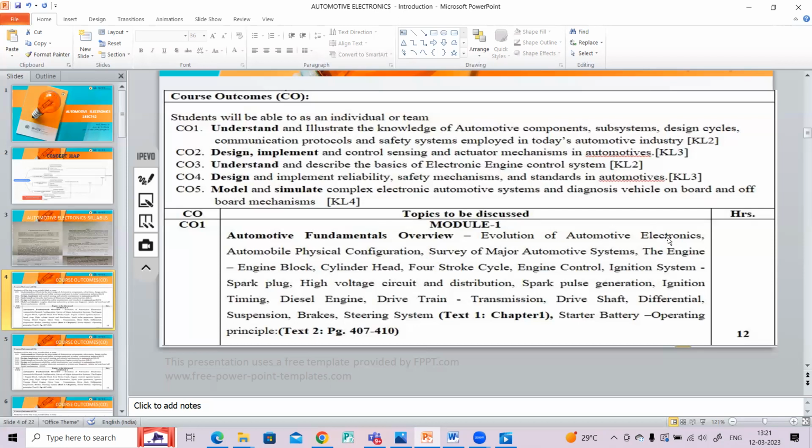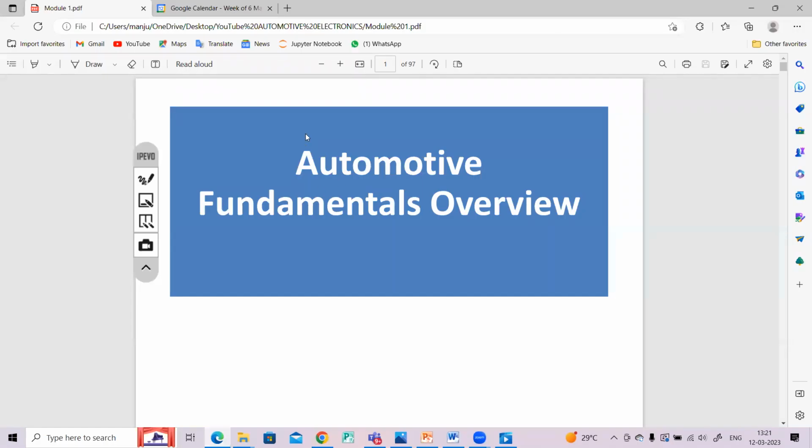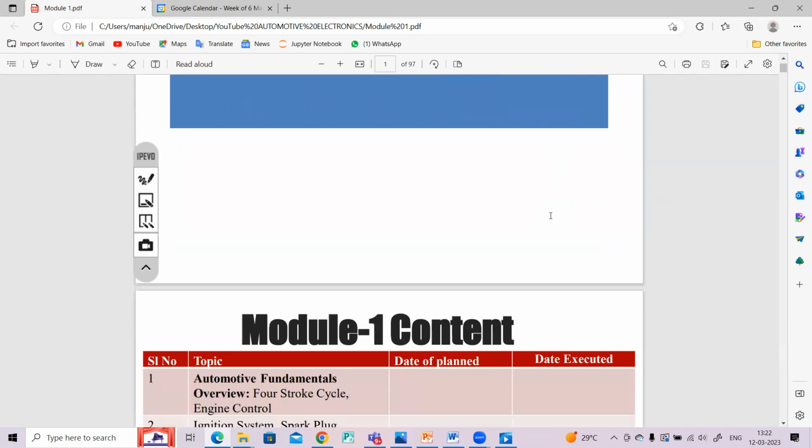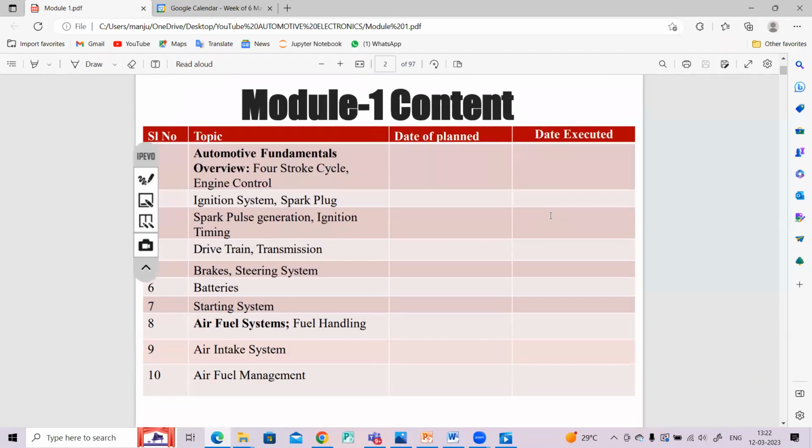Okay. So there is one concern I have framed, that is the automotive fundamentals overview. Here, Module 1 tells about the concept where the V2 has been framed.